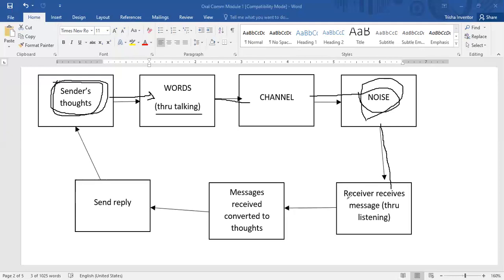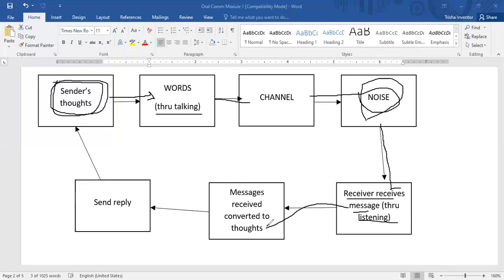You, the receiver, you guys, the receiver receives message through listening. So while you are watching this video, you are also listening at the same time. Listening to what I am discussing right now. Now, listening, of course, you are going to use your ears. So from your ears, you are going to convert that into your thoughts. So messages received converted to thoughts.